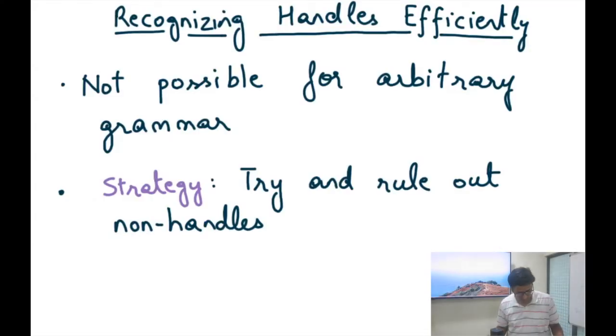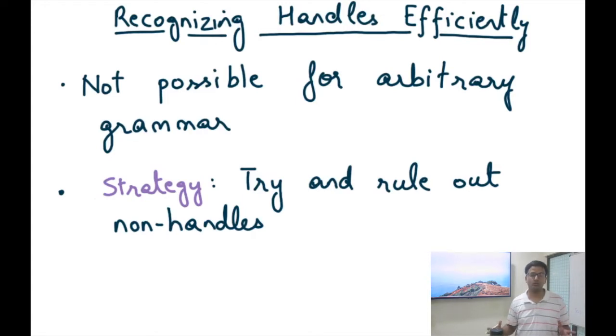So the first result here is that it is not possible to recognize all the handles for an arbitrary grammar. So it's not possible to definitively say that I should reduce or I should not reduce for any arbitrary grammar. Okay. So any algorithm that's going to try to do this is going to be a best effort algorithm.